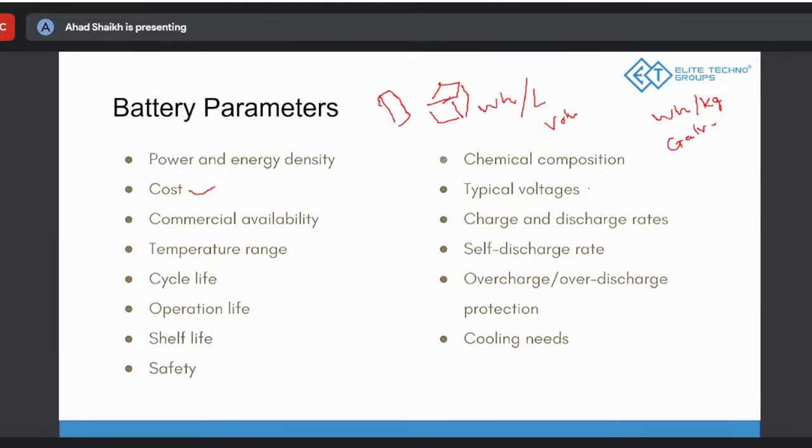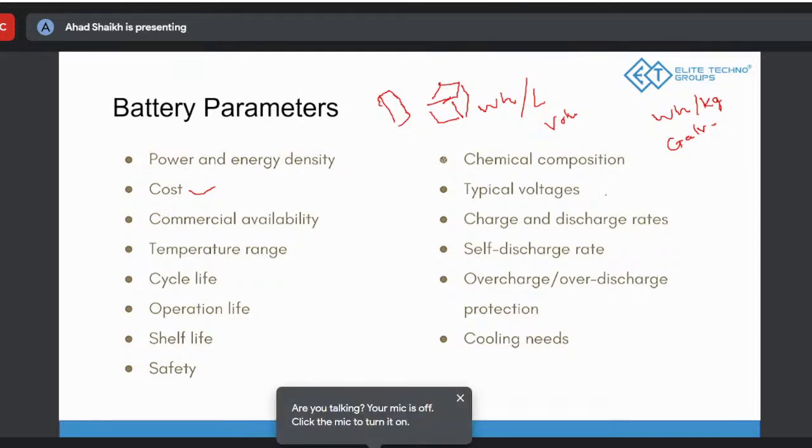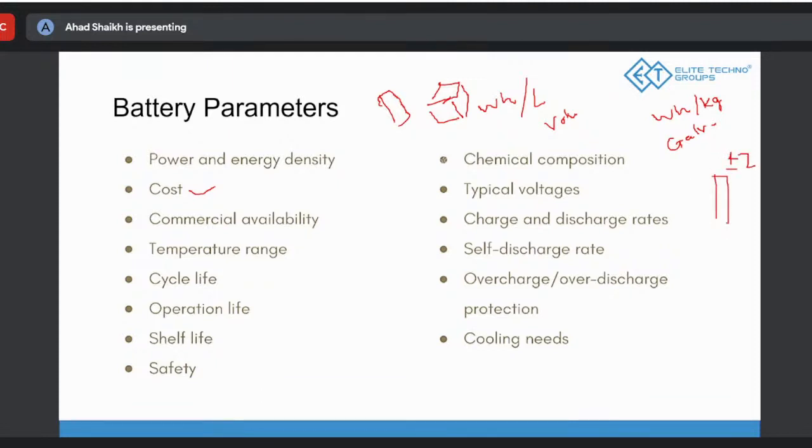Okay, and there come the electrical parameters. So there are typical voltages: nominal voltage, peak voltage. When the battery is fully charged, it could give a very high voltage, for example 4.2 volts maximum. But when the battery is not fully charged, at around 10% state of charge, it will have around 3.6 volts.